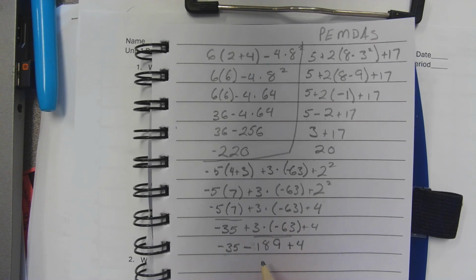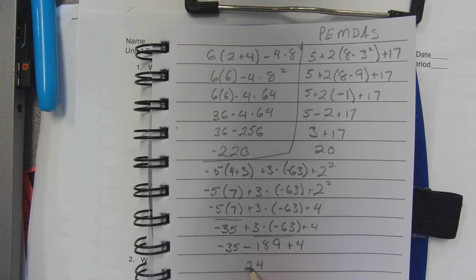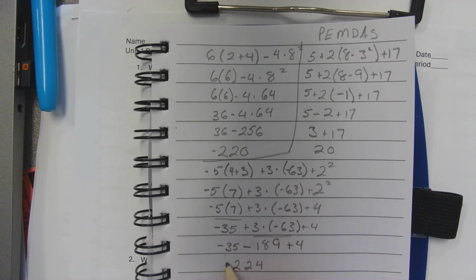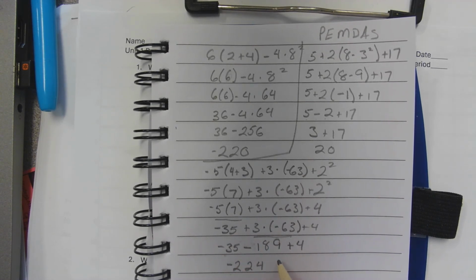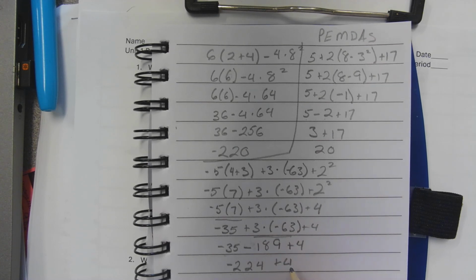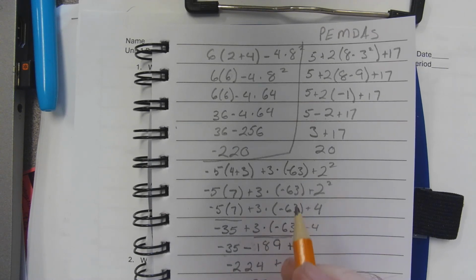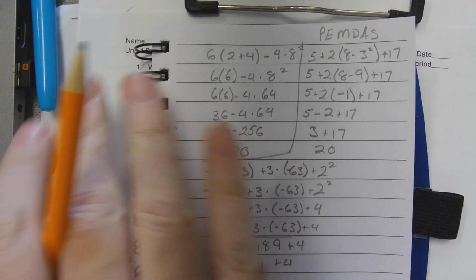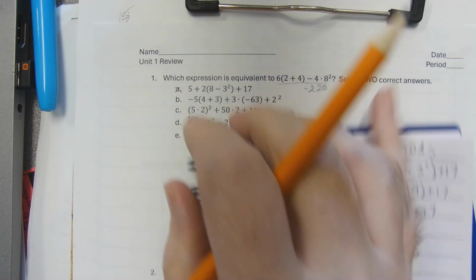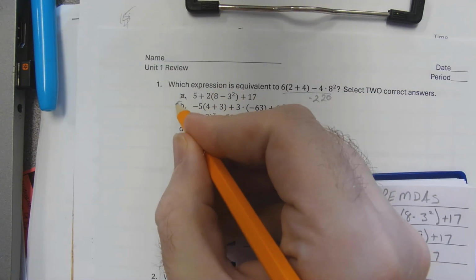So that's basically plus a negative. So 5 and 9 is 14, carry 1. 3 and 8 is 11, and 1 is 12, carry 1. 1 and 1 is 2. So negative 224 plus 4. And so that's negative 220. Well, that's exactly what we're looking for. And so B is one of our answers.